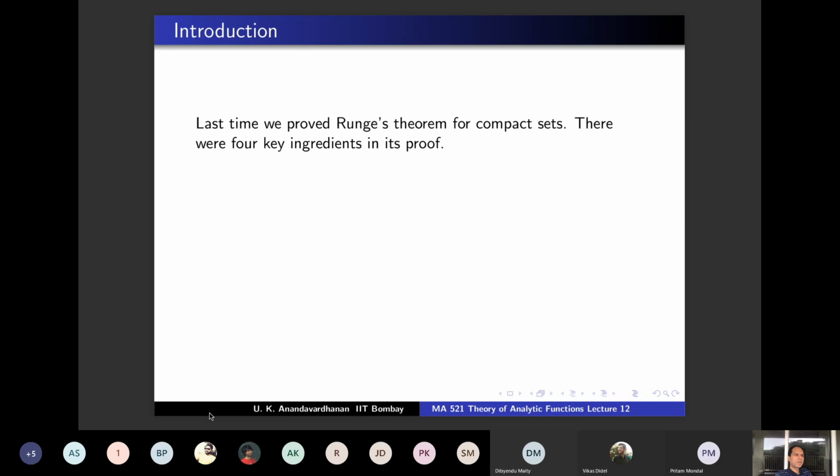Here, given a compact set and an omega containing that, yeah, is there a question? Yeah. So here the point is that we can choose a gamma such that the Cauchy formula is true, right?